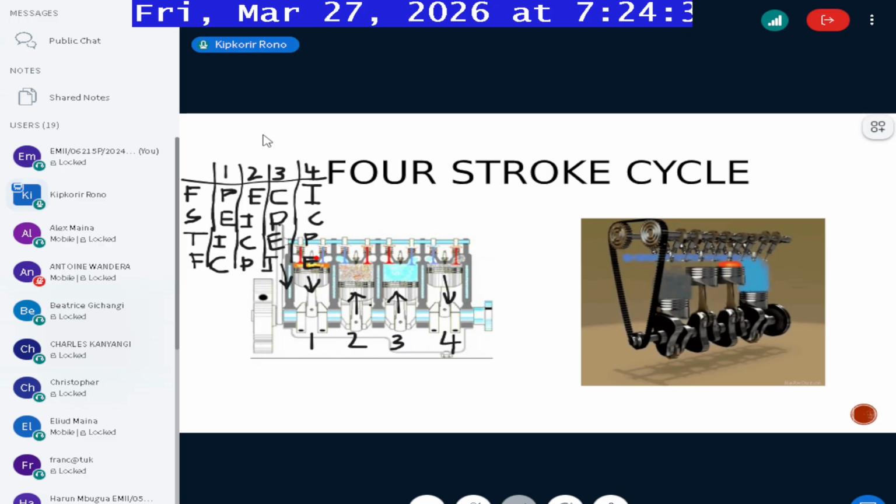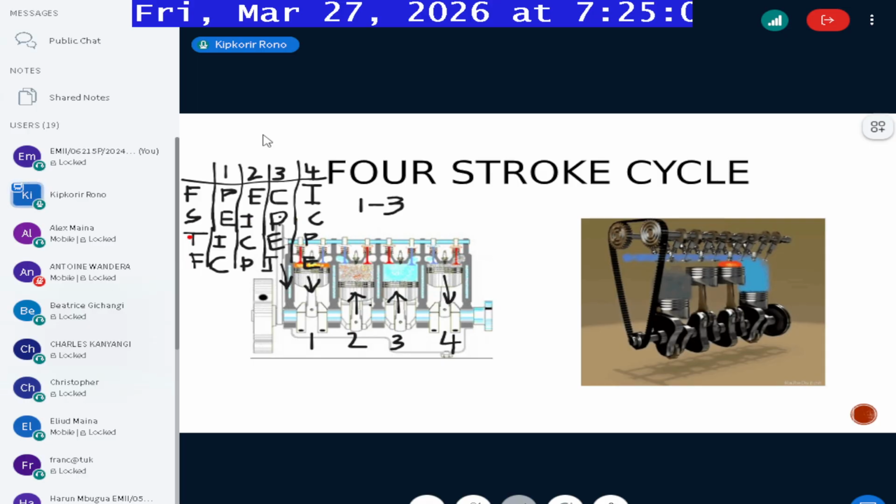So now we want to go to the sequence of which one fires first, followed by what. So for this line, power stroke is in which cylinder? Cylinder number 1. Now for this line, in the next one, where is the power stroke? In cylinder number 3. This one right here. So we say 3.